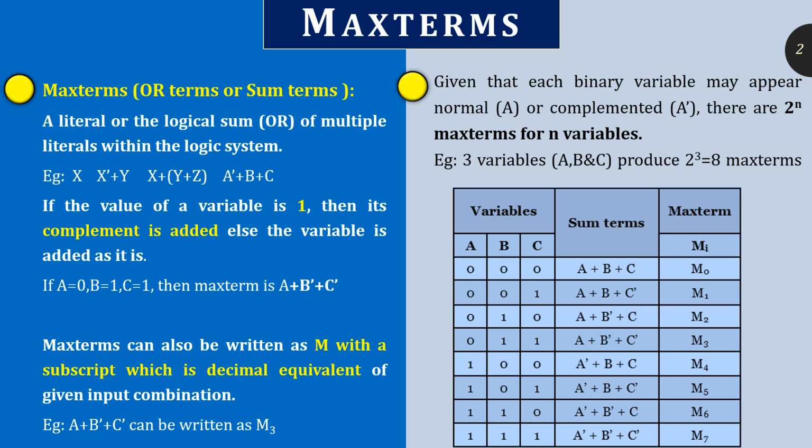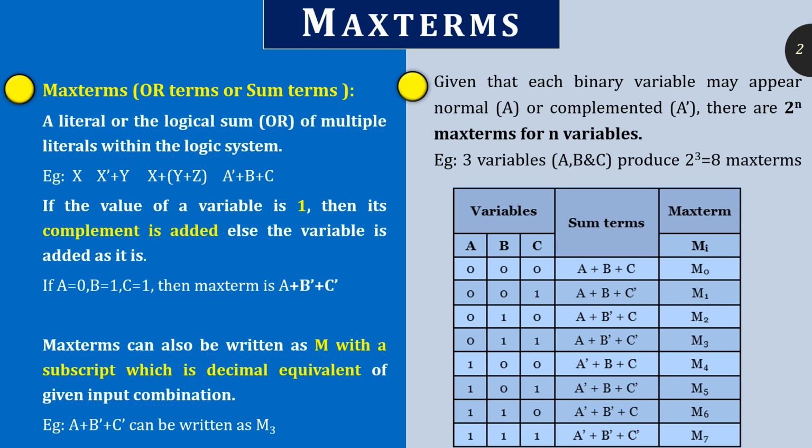In a max term, if the value of a variable is 1, then its complement is added. Else the variable is added as it is. In the case of a min term, if the value is 0, then it represents the complement value. But in the case of a max term, if the value of a variable is 1, then its complement is added.